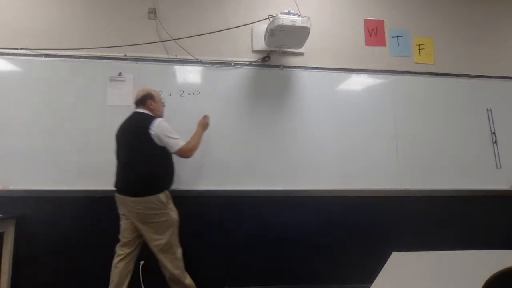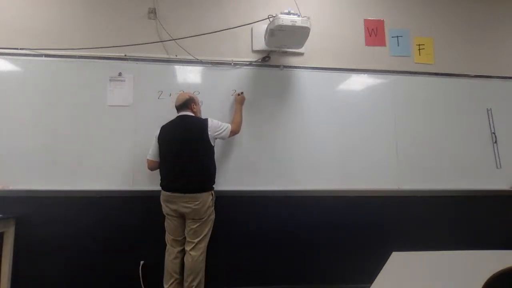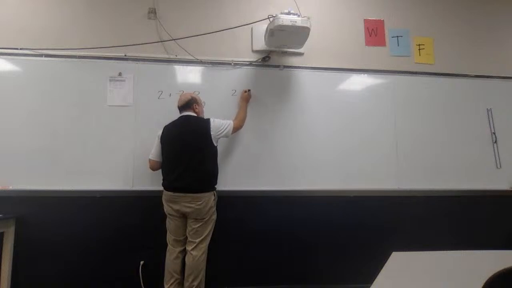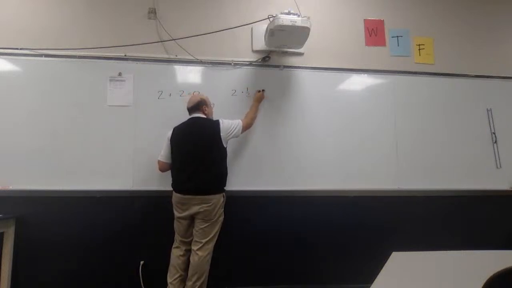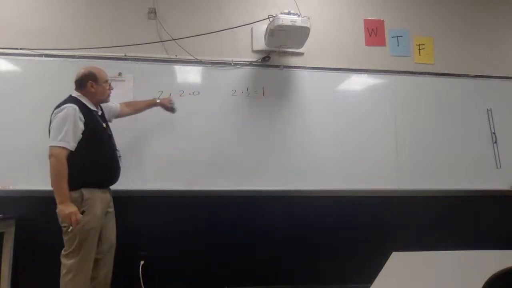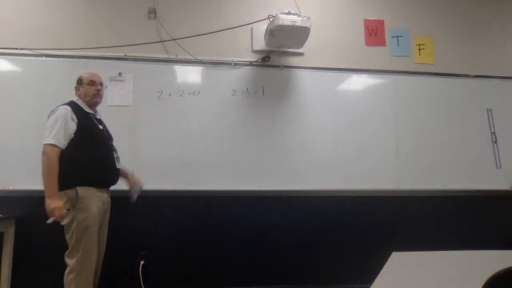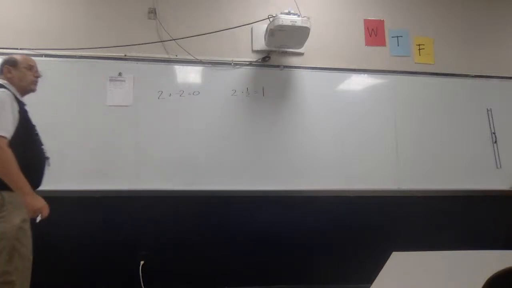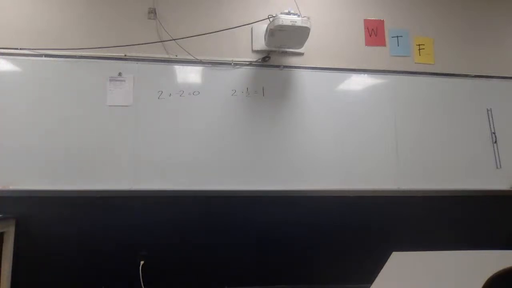So the multiplicative inverse of 2 is a half, and that equals 1. That's what we're looking for. That's our goal in terms of additive and multiplicative inverses. All right?